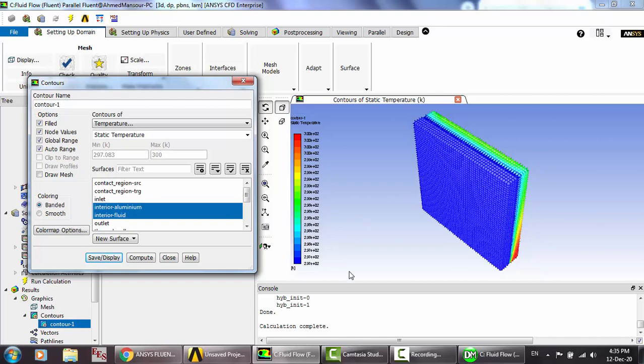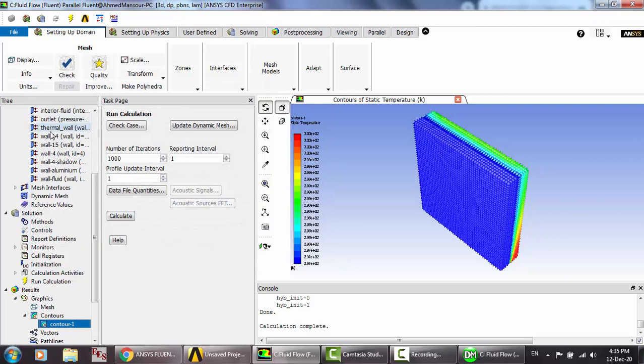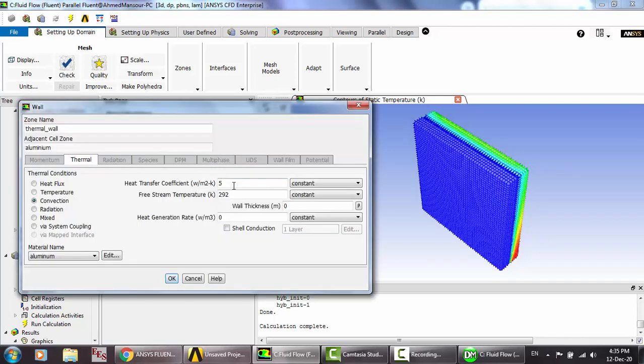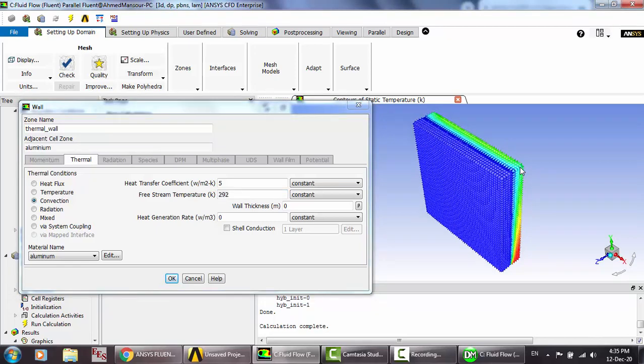Remember that at 10 we got 296. Increasing h decreases the temperature, and decreasing it increases the temperature. We have 5, then 10, then 100. So you always focus on the free stream temperature and the temperature of the fluid next to the solid surface.